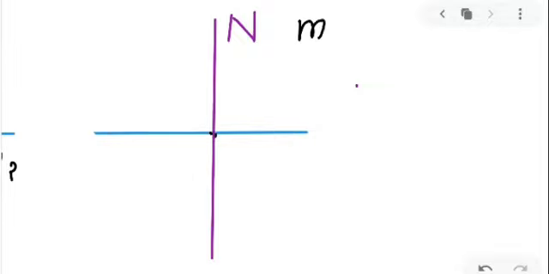Now this interface is actually the interface between medium 2 and medium 1. I have switched their places: medium 1 was on the top and medium 2 on the bottom, and now medium 1 is on the bottom and medium 2 is on the top. Same features: medium 2 is still the optically denser one, and medium 1 is the less optically dense. Medium 2 has more optical density in comparison to medium 1.